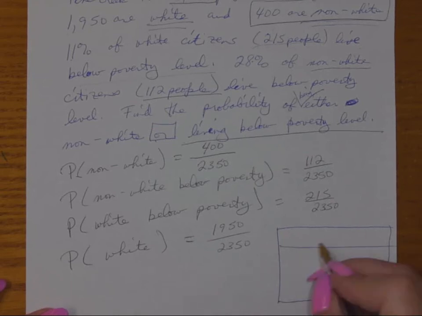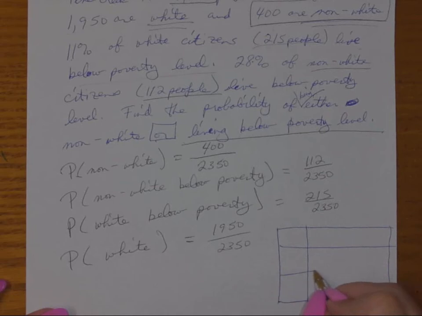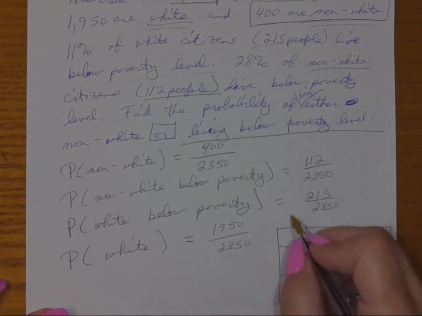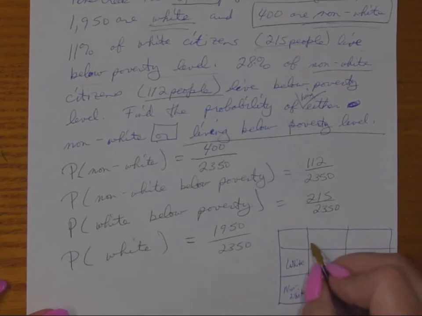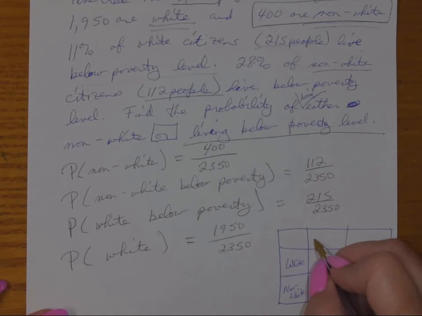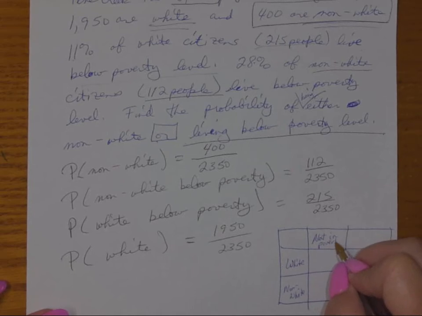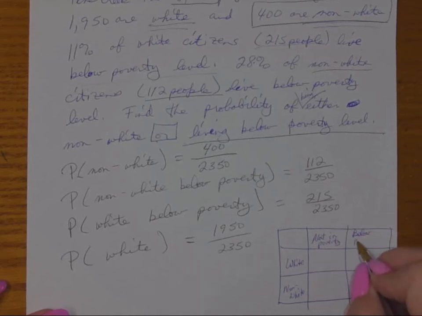Down the side here, I'm going to put white and non-white. And across the top, we're going to say not in poverty, and below poverty level.